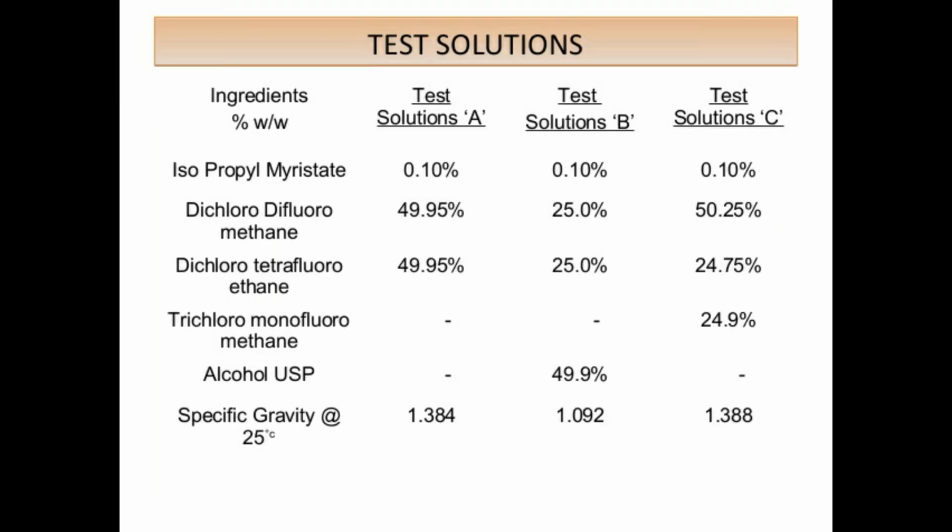In this table, the test solutions given are isopropyl myristate, dichlorodifluoromethane, dichlorotetrafluoroethane, trichloromonofluoromethane, alcohol as per USP, and specific gravity at 25 degrees centigrade. So these are the different test solutions available: test solution A, test solution B, and test solution C. Now let's check out how they do this procedure.